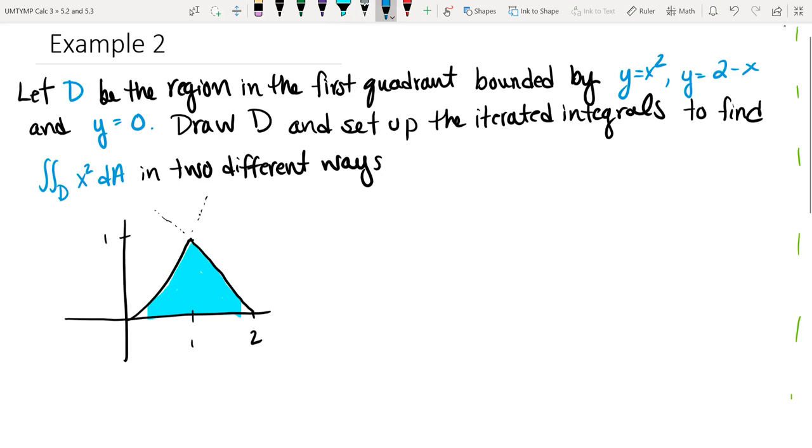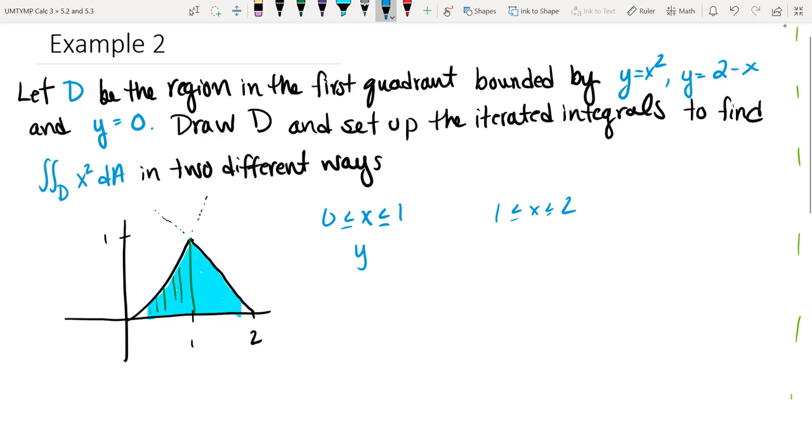If I think of it as a type 1 region, then x is going to be bounded between two constants. Well, x ranges from 0 to, oh, there's two different pieces, so I have to break this up. Here are my vertical slices for x: 0 to 1, and the other piece is 1 less than x less than or equal to 2.